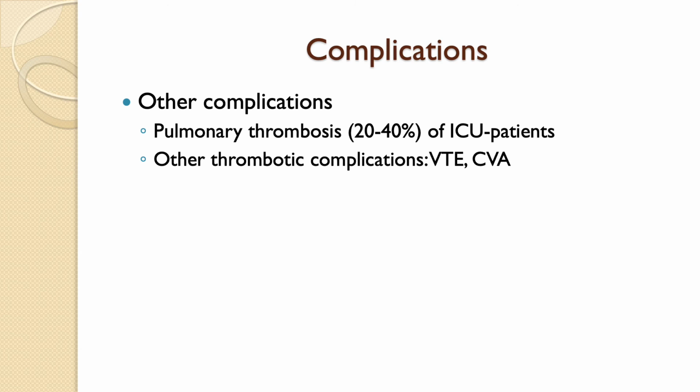Other complications we can discuss are pulmonary thrombosis in ICU patients, up to 20 to 40%. And I specifically speak of pulmonary thrombosis and not of pulmonary embolism, because it becomes clear that the clots are formed within the blood vessels in the lung itself. However, other thrombotic complications also occur, like venous thromboembolic disease and cerebrovascular accident.